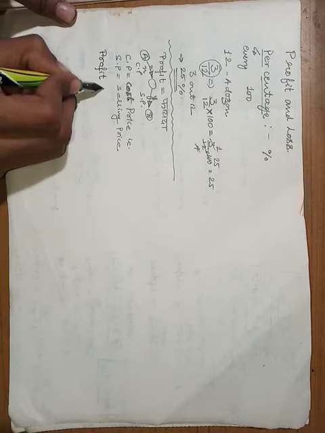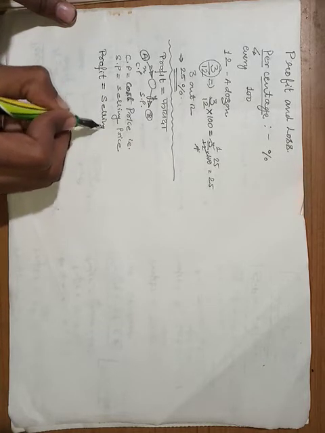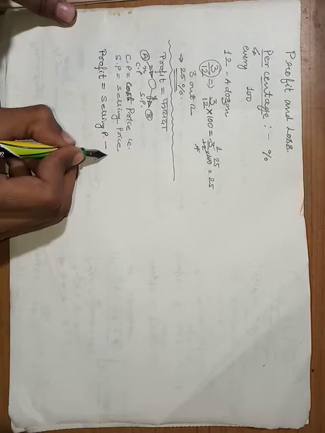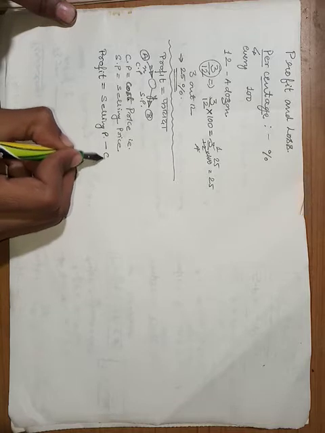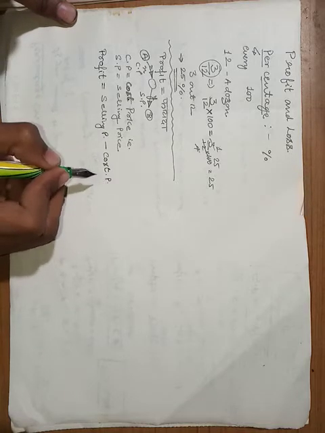Now in order to have profit, profit will be equal to selling price minus cost price. Obviously selling price would be more than cost price in order to have positive profit.